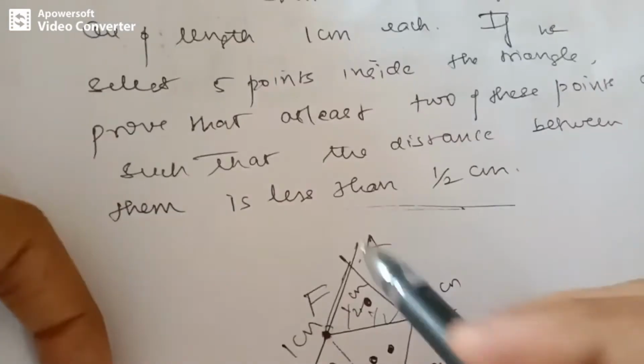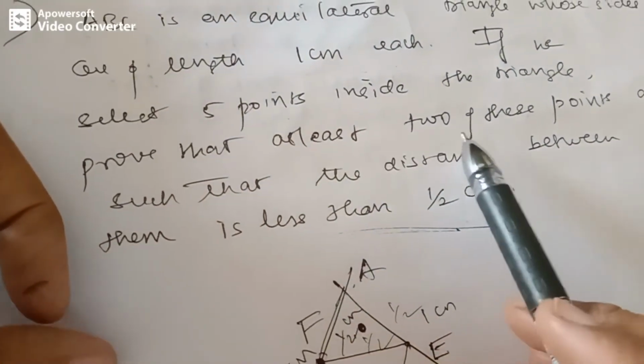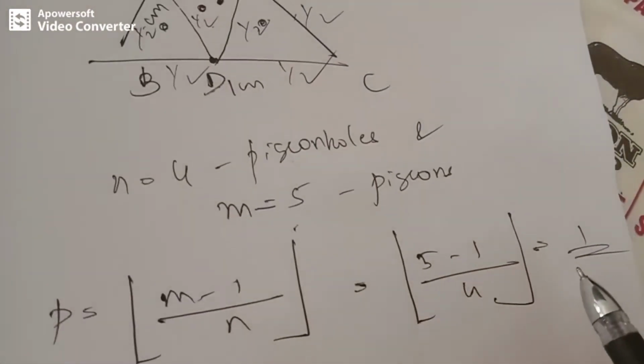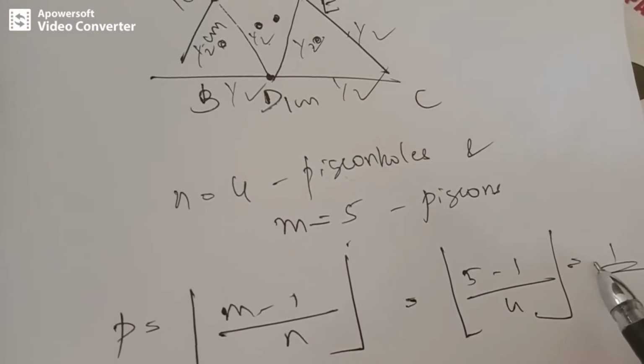So at least 2 of these points are such that the distance between them is less than half, which we have got from the pigeonhole principle.